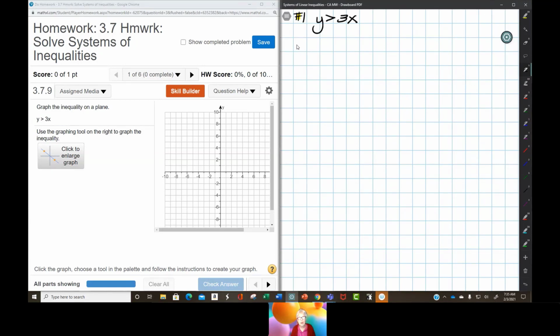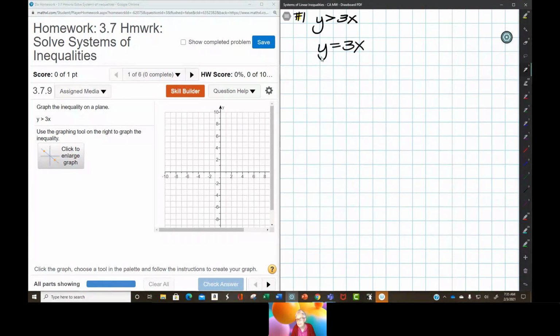First, you graph just the straight line. You change the inequality sign to an equal sign. Then you find 2 points. You graph it just like a straight line. These are all straight lines.